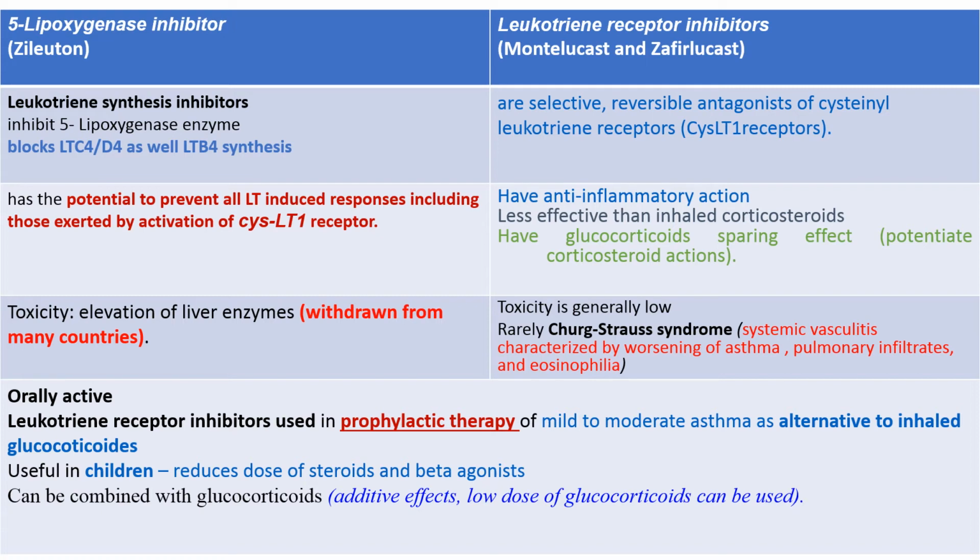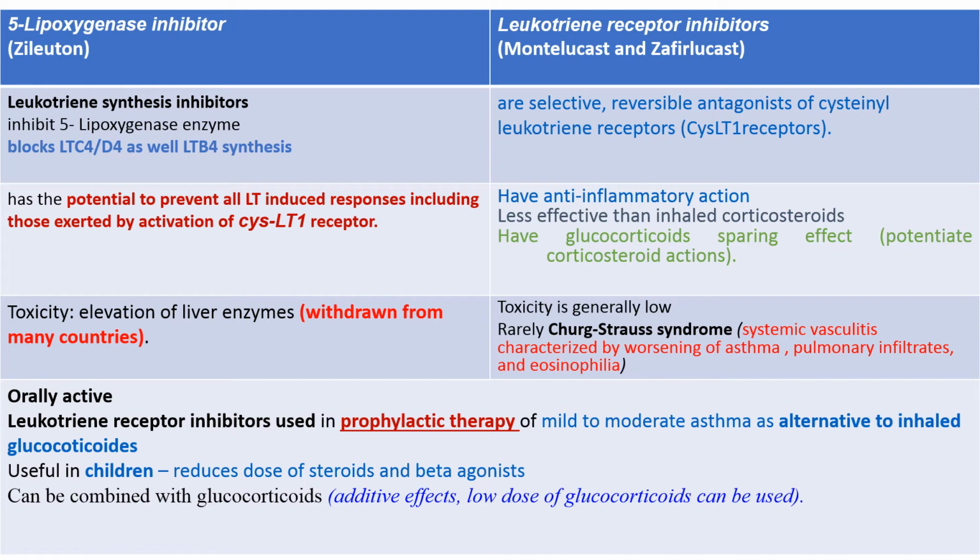So where to use this particular drug class? As I have told you, 5-lipoxygenase inhibitor, because of its liver toxicity, is not very commonly preferred. So you can look for drugs such as montelukast or gefapixant, which are relatively safe.